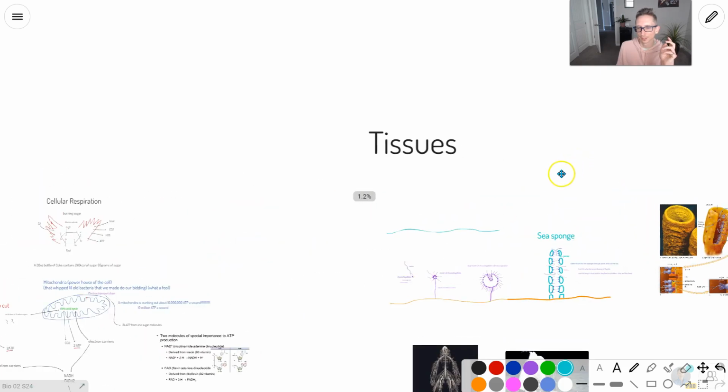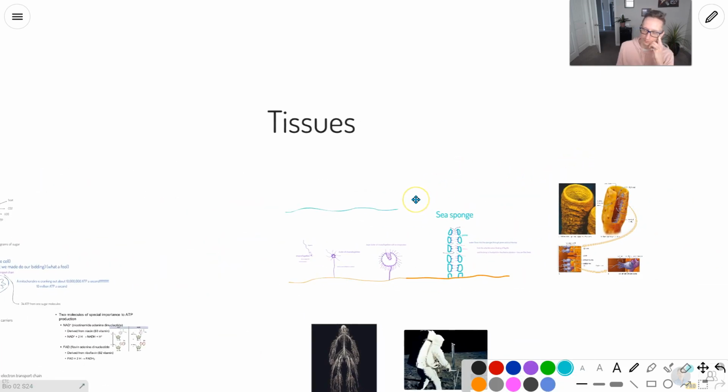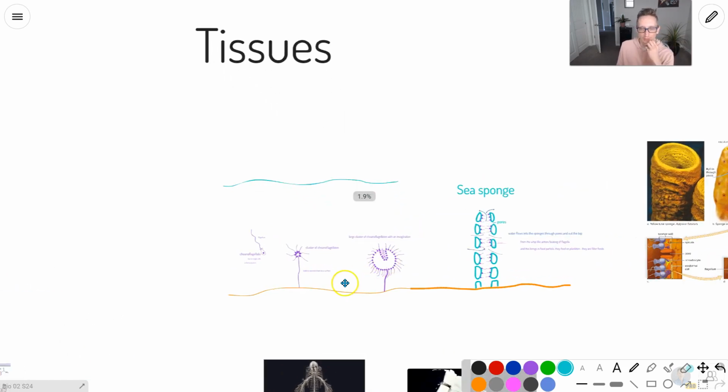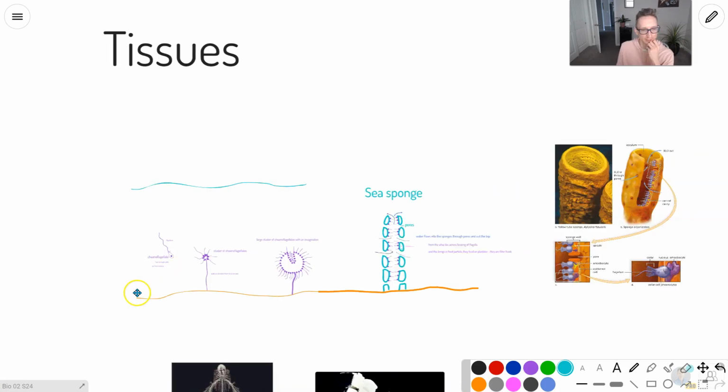And I wanted to start with the first animal here. It's defined as the first animal, which is a sea sponge, which looks something like this. And their evolution is actually really interesting because this gives us our first glimpse into what multicellularity and just kind of beginning to form tissues is.